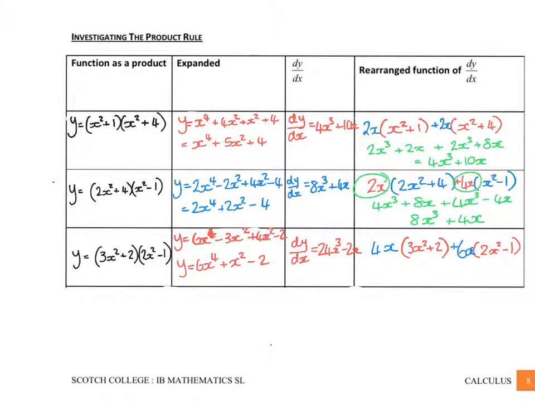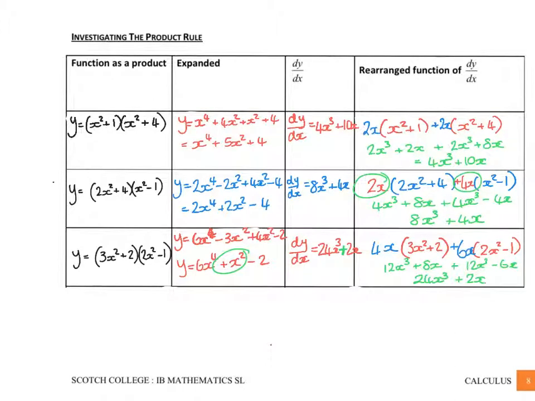6x. Okay, let's check. If I were to expand it, this would give me 12x cubed plus 8x. This would give me 12x cubed minus 6x. That is 24x cubed, and positive 2x, which I had minus 2x over here for some reason, but when I check, I was differentiating that, so I should have had a positive.